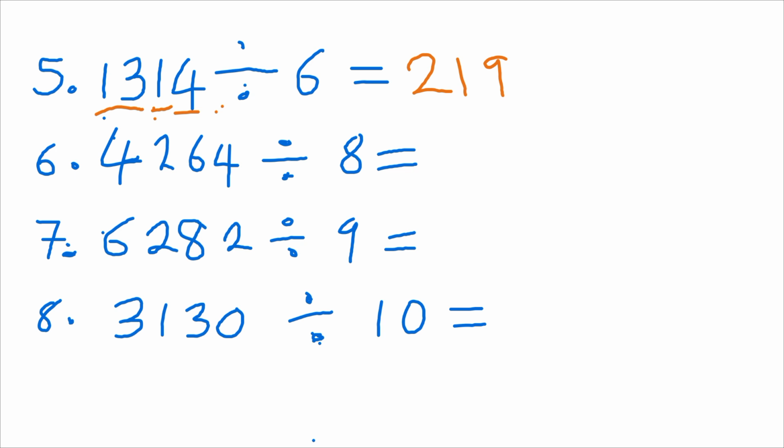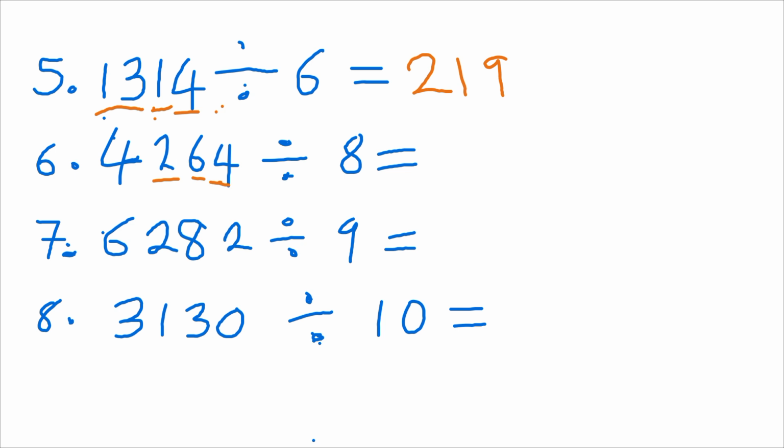Then the next one is 4,264 divided by 8. How do you know if a number is divisible by 8? If the last 3 digits form a number divisible by 8, then you know that that number is divisible by 8. Now, the last 3 digits here are 264.